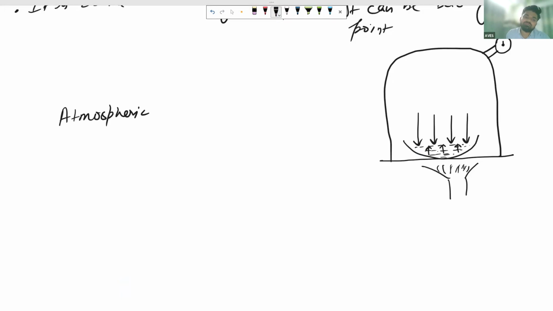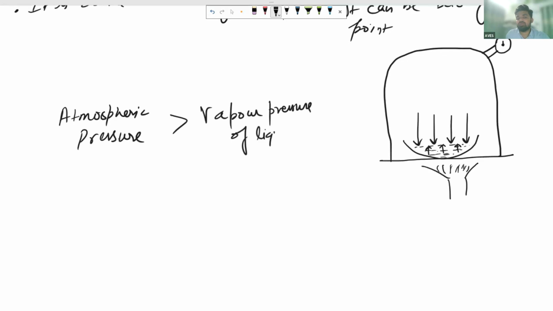The vapors are not exerting that much pressure, because the atmospheric pressure is more, so it will not allow the water particles to convert into the vapor state.